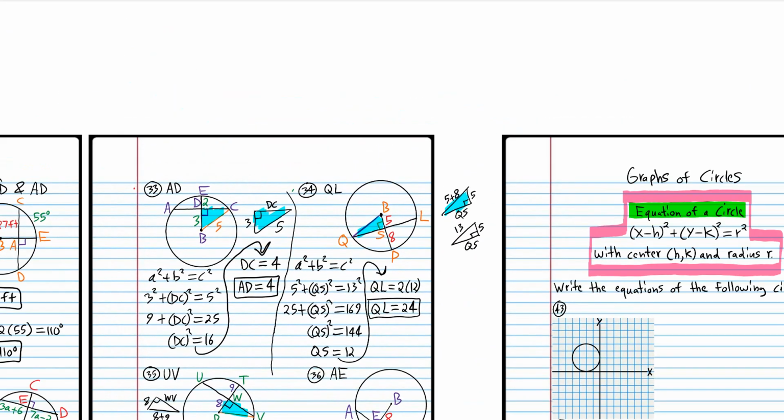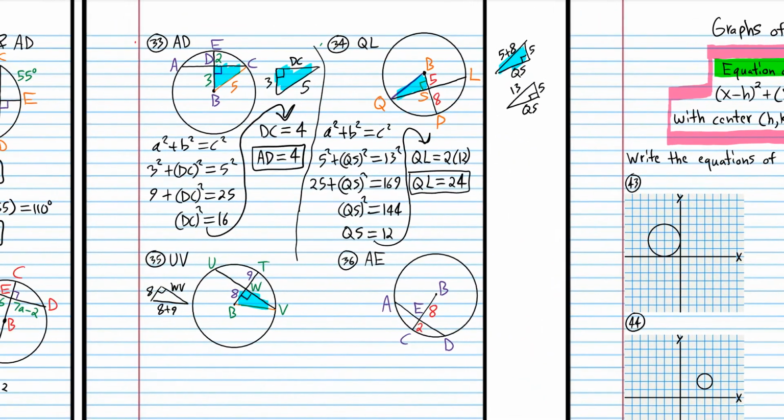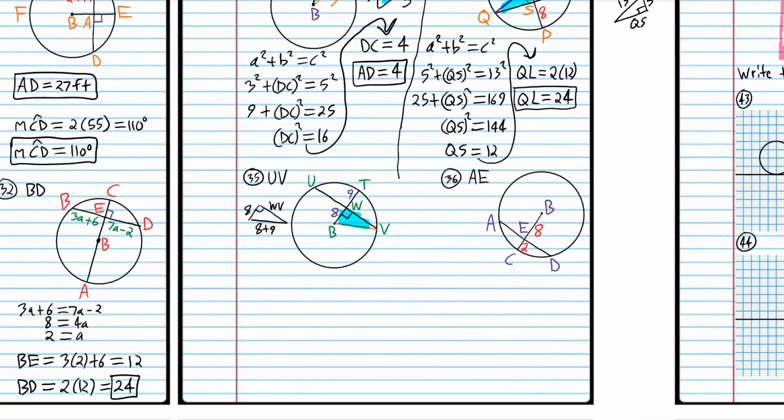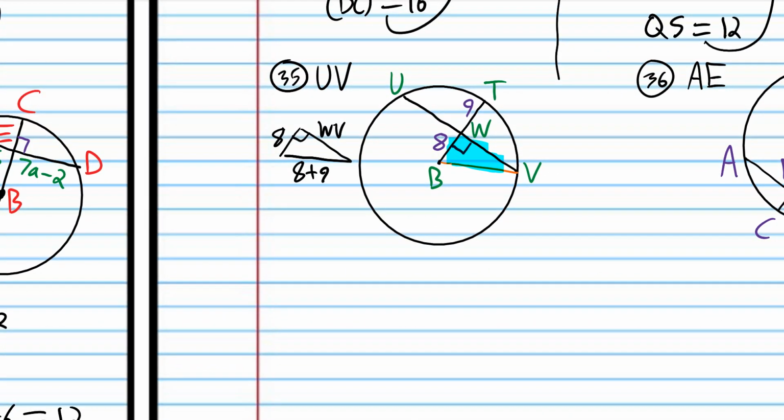I wrote that. Just wanted to make sure I did that. So then rewrite this triangle with the new length, which would be 17, 8, and WV.